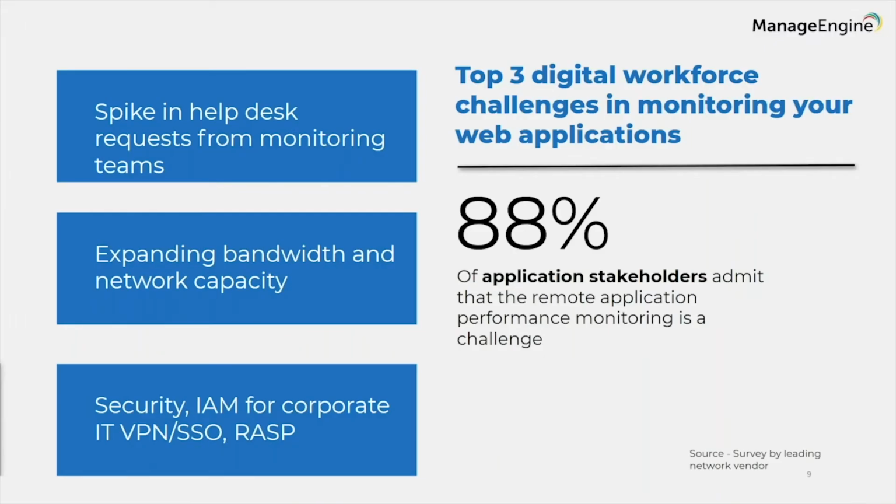Before we get into the solution proposal for all these challenges or problem statements, let's see the top 3 digital workforce challenges while you monitor your web application in this pandemic.